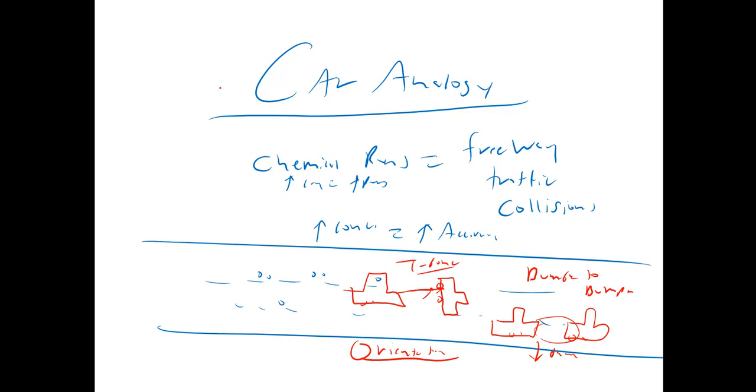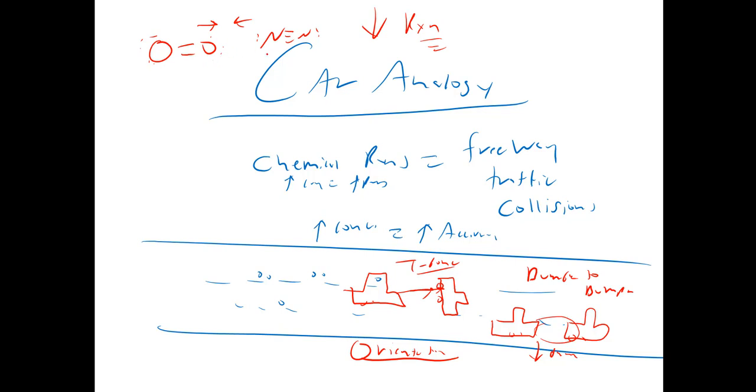And the same thing happens with molecules. So for example, if I were to have these two molecules, oxygen and nitrogen gas, hit each other at this particular angle, there's going to be a low amount of chemical reactions occurring because they're at the wrong angle.